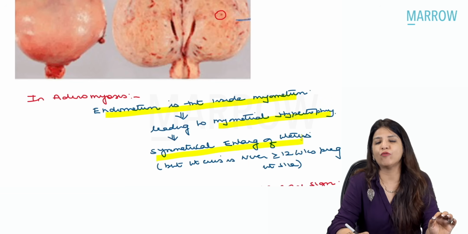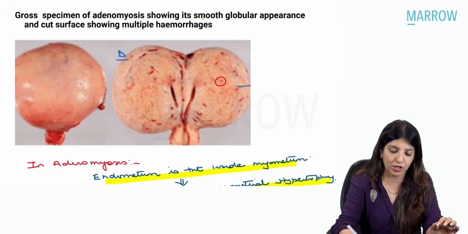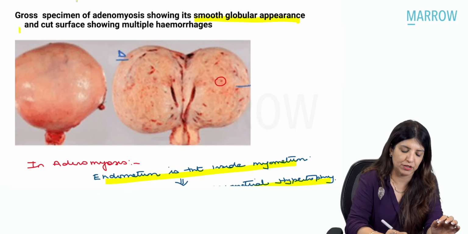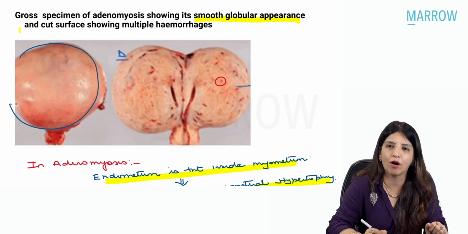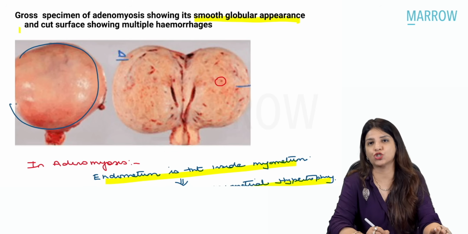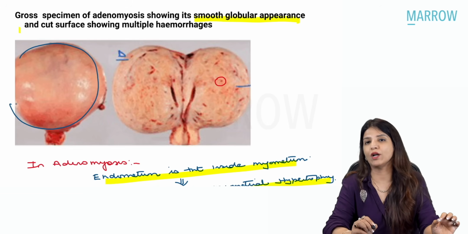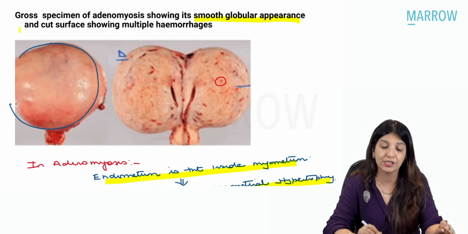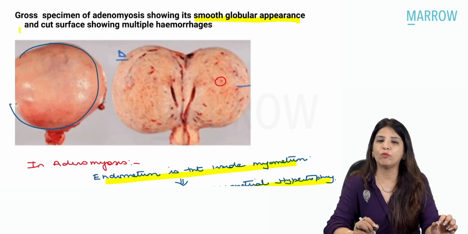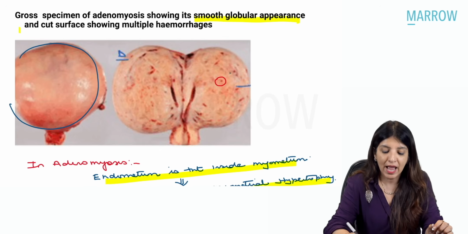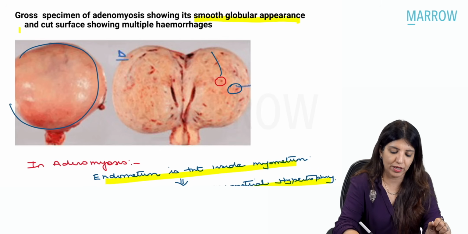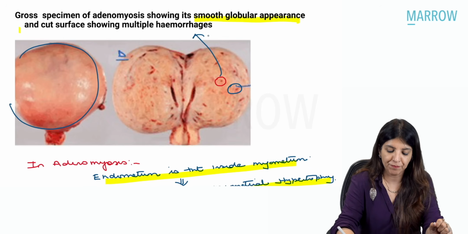So in case of adenomyosis, you get a smooth globular appearance of the uterus. Whenever you get a smooth, globular, symmetrically enlarged uterus, it means you are looking at adenomyosis. Now please remember, this endometrium which is present inside the myometrium is hormonally active, and that is why you are going to get multiple hemorrhages, right?